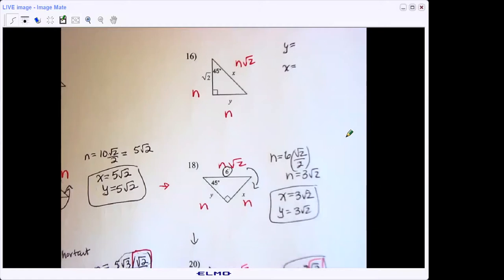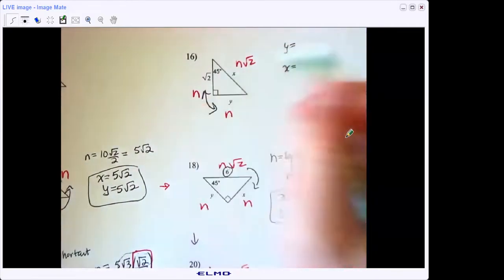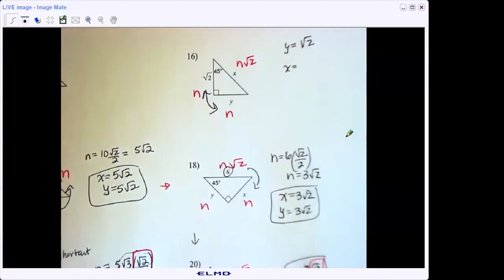So what is y? Root 2, because they're exactly the same. Okay, so that's root 2. But what is x? 2. Good.